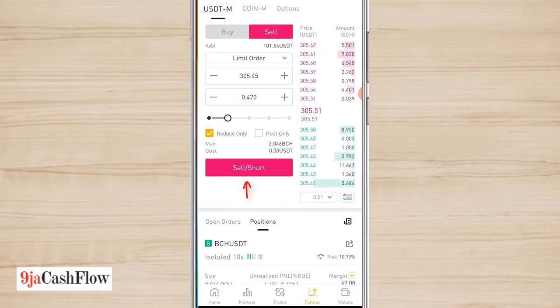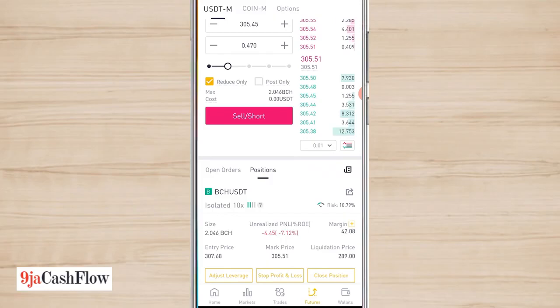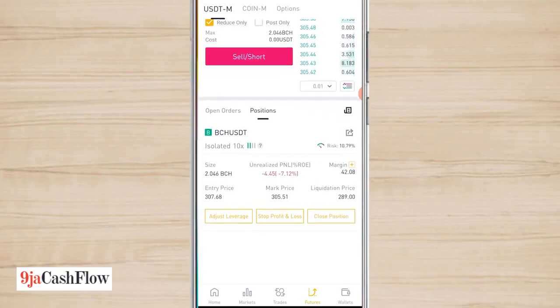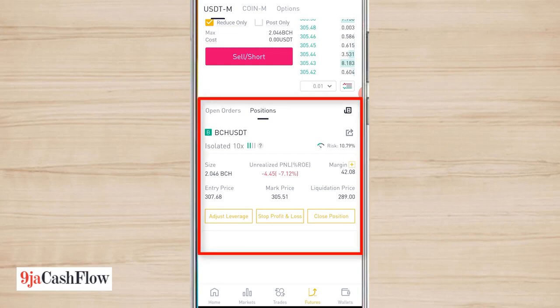So if I click on it, it's going to place a sell order of 0.47 Bitcoin Cash, and it will be here. So right now I have a trade. I bought Bitcoin Cash at 307.68 yesterday, and I'm currently at a loss of $4.47 here.